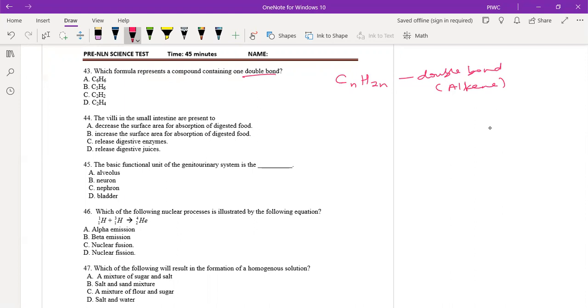Look, C3H6. Yeah, there's a typo for this one. But if we answer C3H6, that's still possible, right? Yeah, it's possible. So it could be this, it could be that. Because for a double bond, the hydrogen is 2 times that of the carbon. So maybe this one I should have made C3H8, something like that.